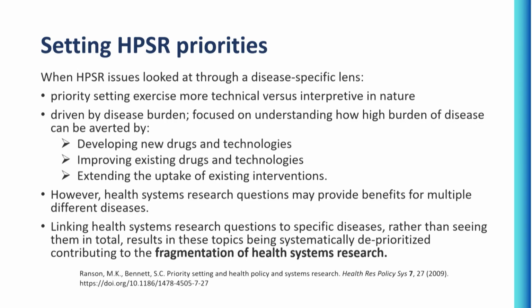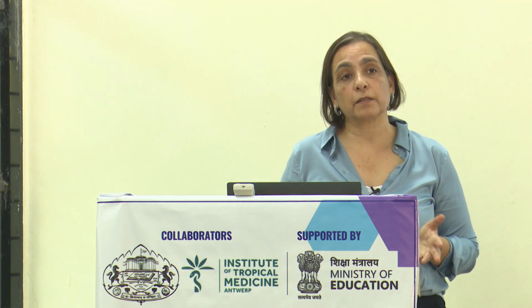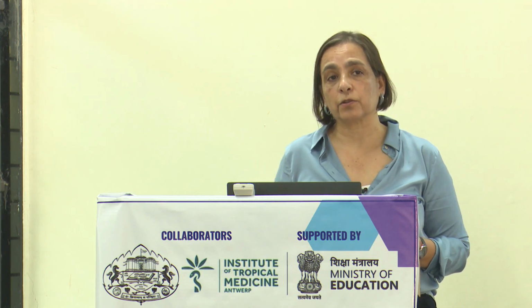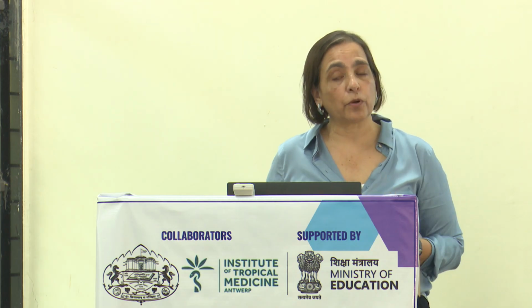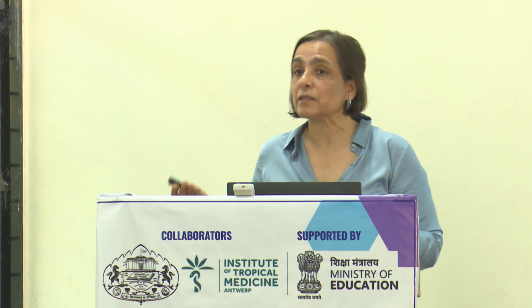But on the other hand, when you think about a health policy or a systems research priority, sometimes when you're thinking about the system as a whole. So therefore, if you're trying to decide on priorities for malaria control, you have to think more broadly. How is this going to impact on the rest of the system?